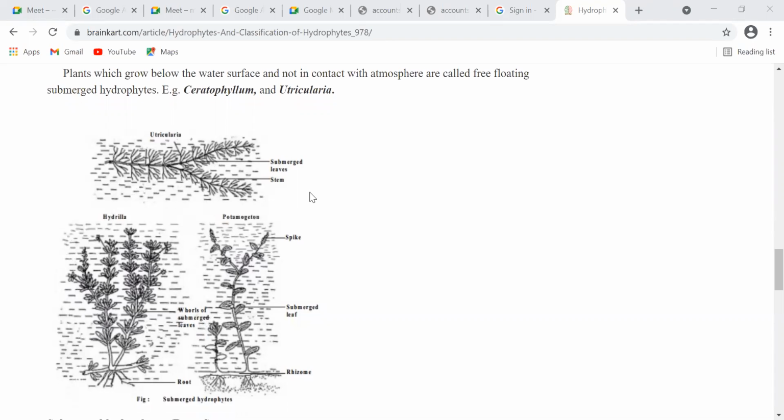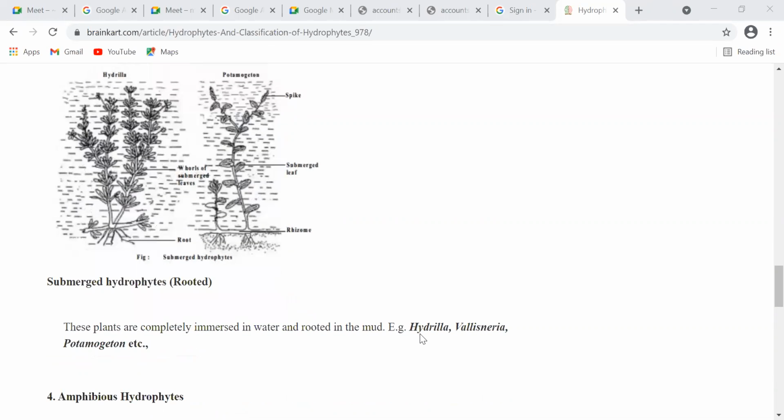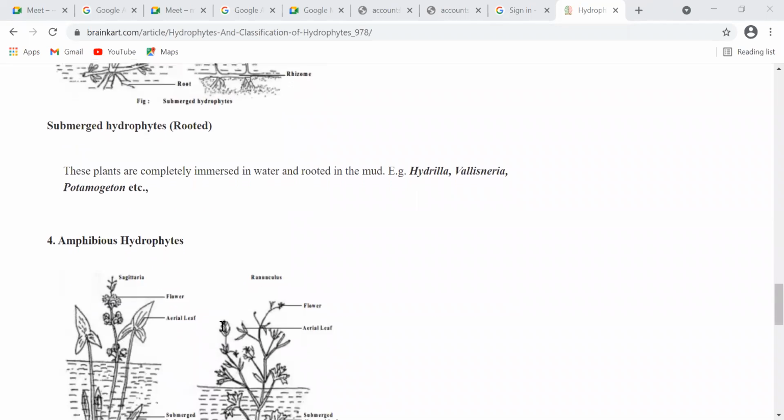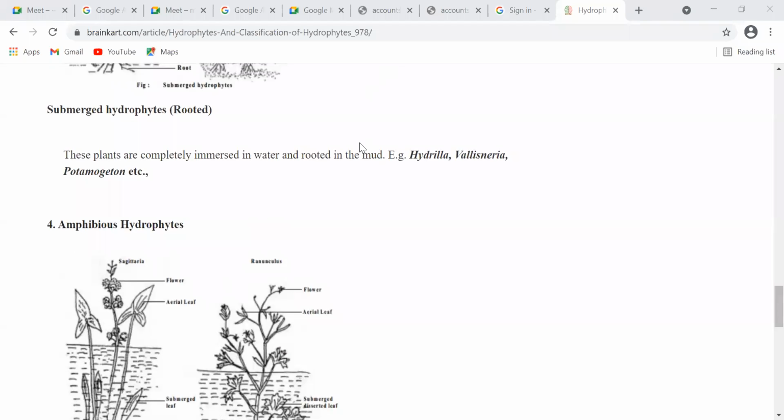Either they are floating or they are rooted and immersed in water only. Like Hydrilla. Many times questions come on Hydrilla and Vallisneria, so do remember. Guys, are you all getting the classification? Can you hear me?